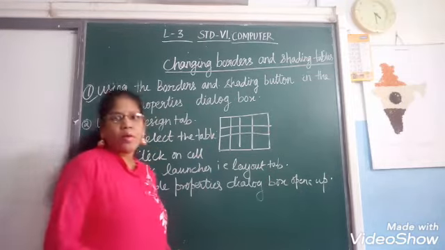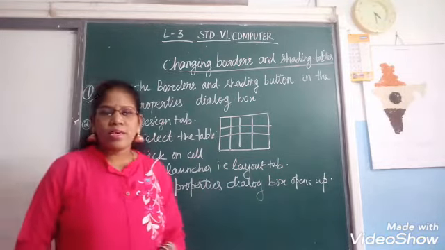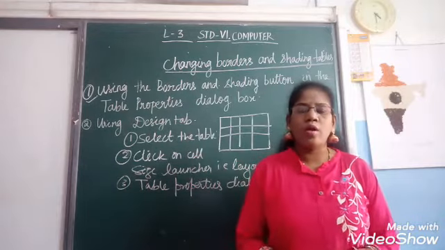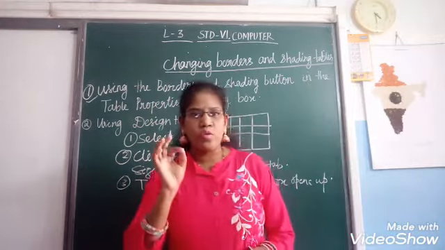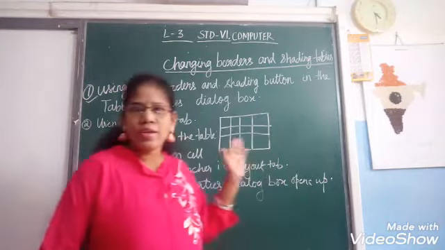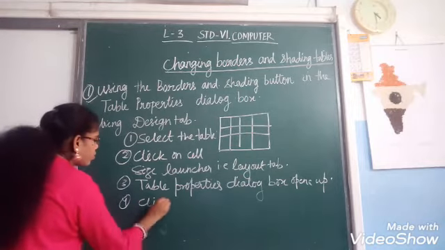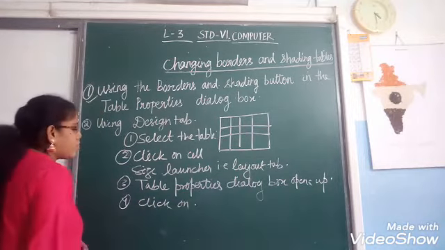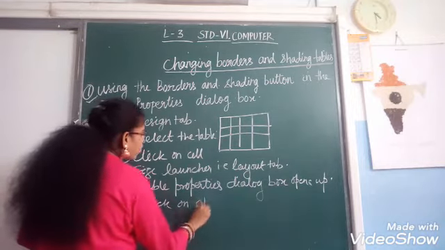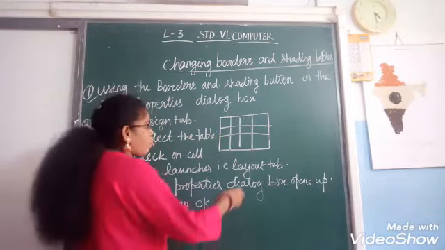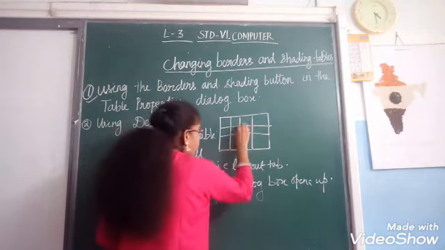Once it opens up, there you will see the border of a table. Which border you want, how the border you want, you have to choose and you click on OK. Suppose I want to give this table a border.